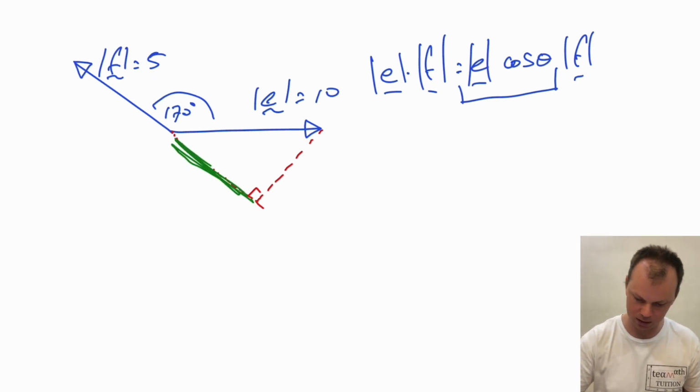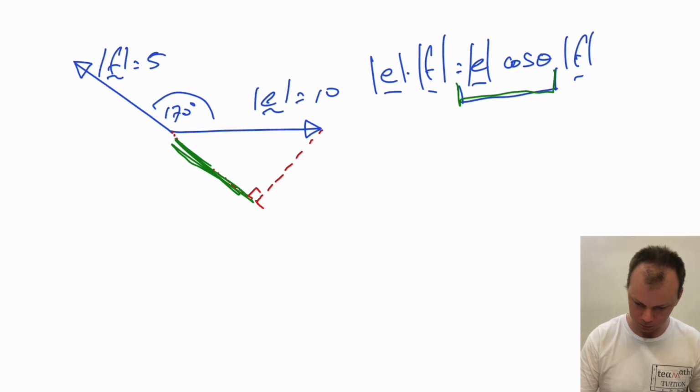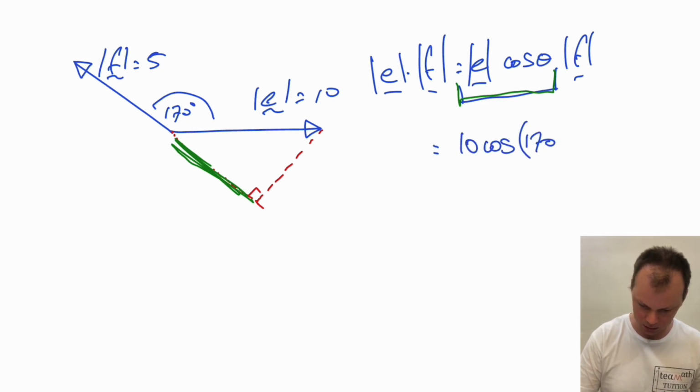That's what this component tells us, our scalar projection of E onto F. So we've got 10 cosine of 170 by 5.